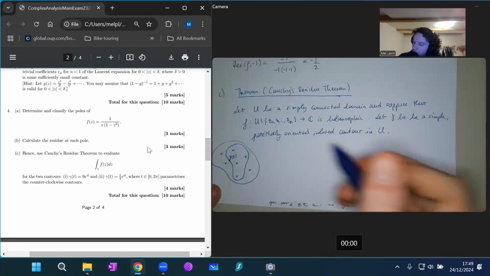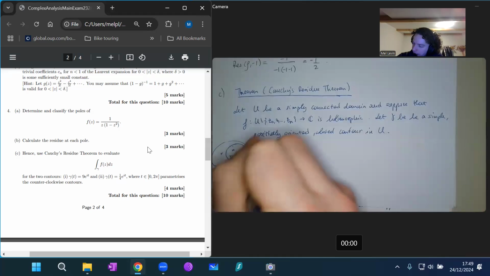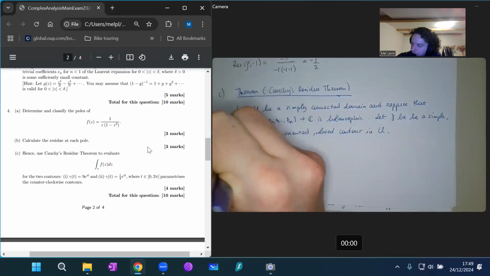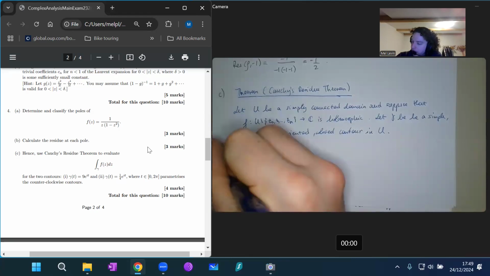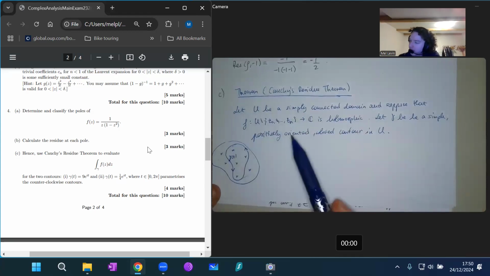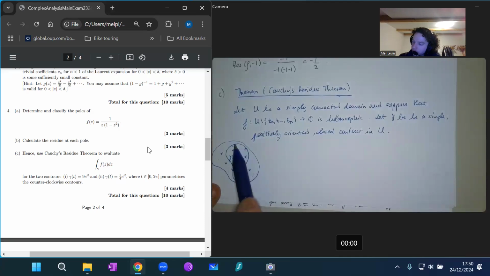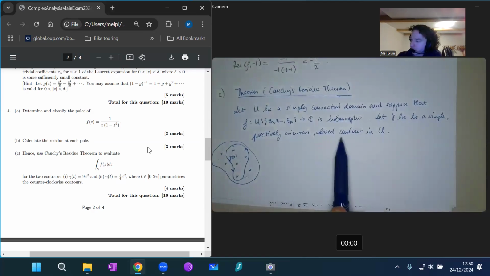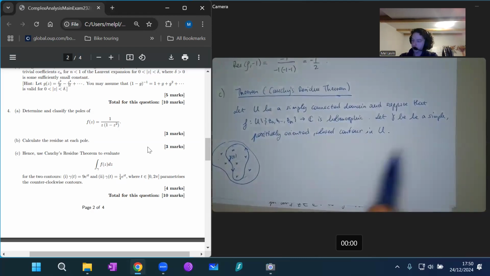Closed means that its starting and end points are the same. Positively oriented means it runs counterclockwise, and simple means it only runs once. So as t varies in the prescribed range, we go around the loop once and stop where we started. We don't go twice around. So: a simple, positively oriented, closed contour in U.